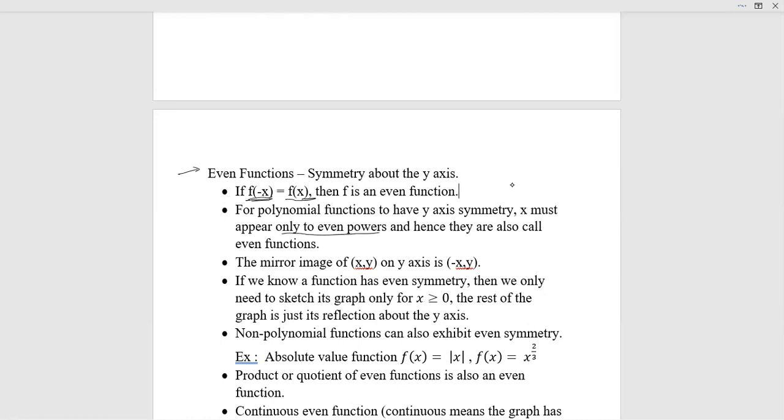Not odd powers. Then just looking at the equation of the function, we can say it is an even function, meaning it is symmetric about the y-axis. This thing is good to know. The mirror image of (x, y) on the y-axis is (negative x, y), right?